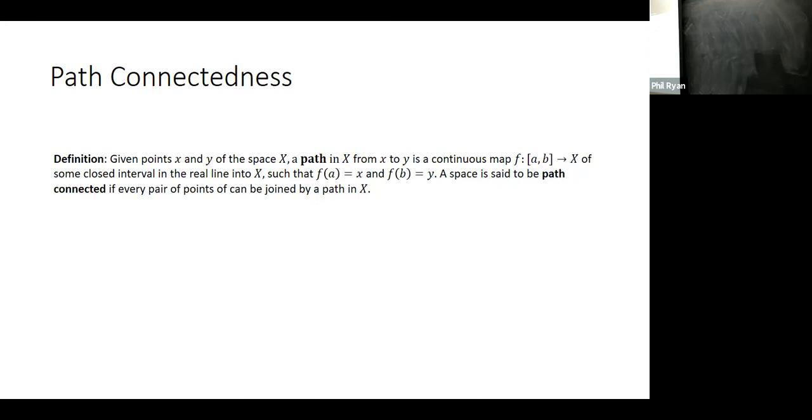So we can rigorously define a path that way. And a path is a loop if x equals y. And we say that a space is path connected if every pair of points can be joined by a path in X.